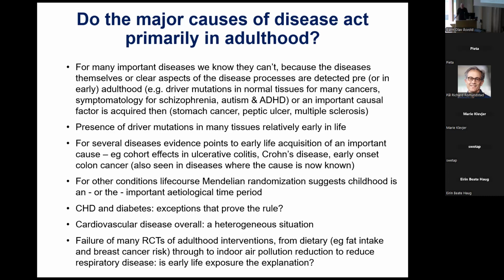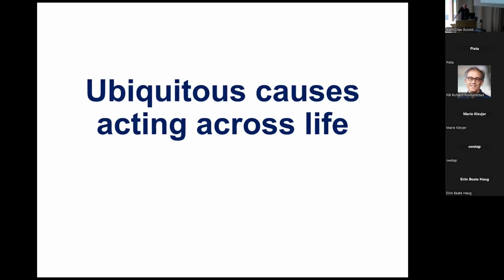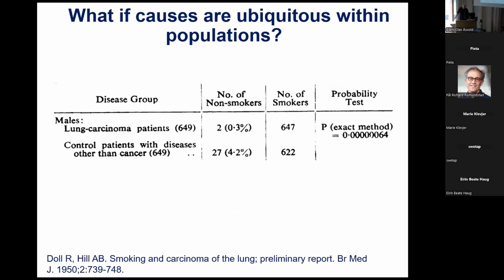Maybe things are happening earlier in life that mean it's not possible to reverse these by later interventions. So one aspect of these causes is that maybe they're acting earlier in life than is generally thought, and maybe they're just more generally prevalent and not optimally investigated with individual level cohort studies.